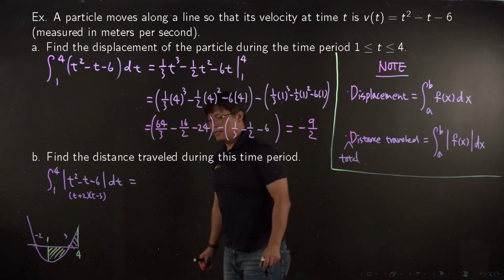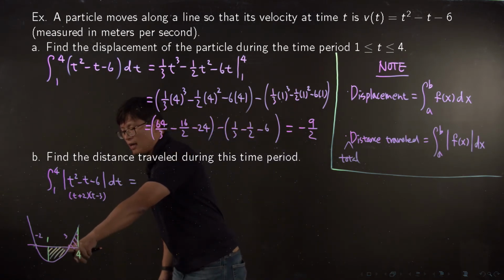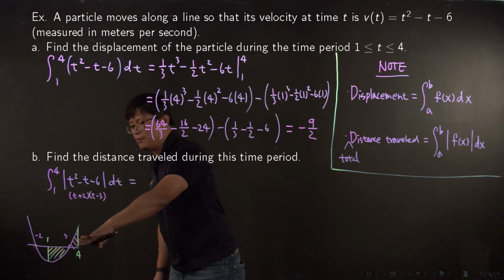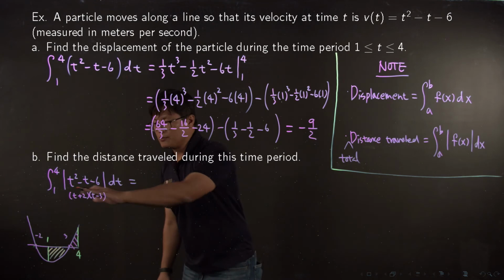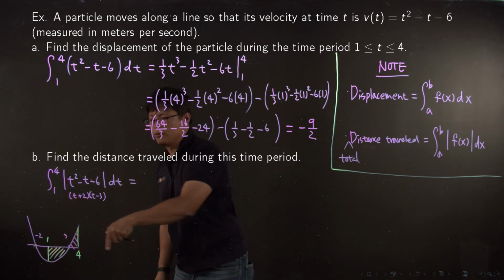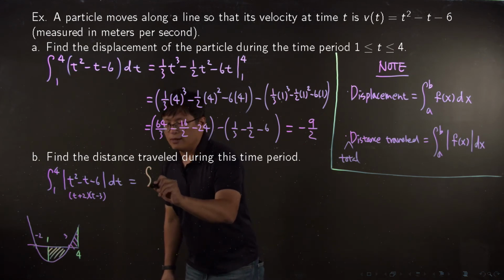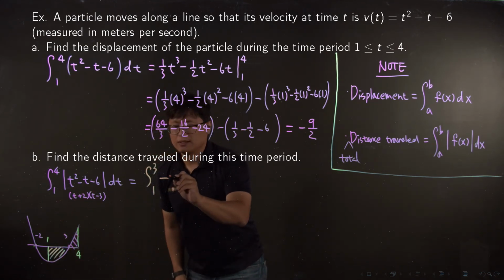Is that okay? To take care of this absolute value, we're going to make the negative part positive and keep the positive part positive, right? So to make the negative part positive, we're going to split the interval 1 to 4 into 2 parts, 1 to 3 and 3 to 4, right? So the integral from 1 to 3 is just upside down, which means the negative function.